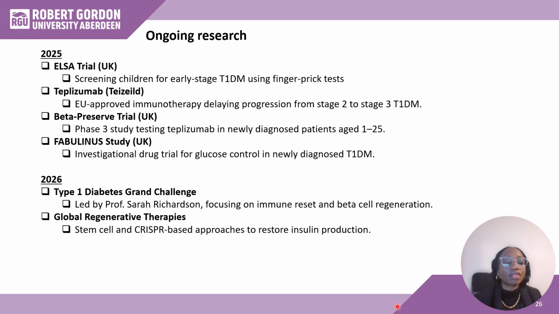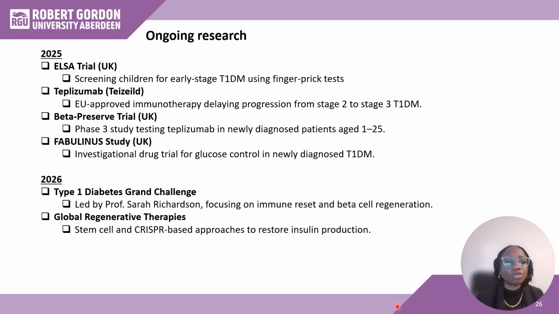And then we also have another trial called the Fabulinus trial that's investigating a drug for glucose control in newly diagnosed type 1 diabetes. This year, we also have a Grand Type 1 Diabetes Challenge led by Professor Sarah Richardson that will focus on the immune reset and beta cell regeneration, which is quite important. As I said, once the beta cell functionality reduces below 10%, this is when type 1 diabetes presents.